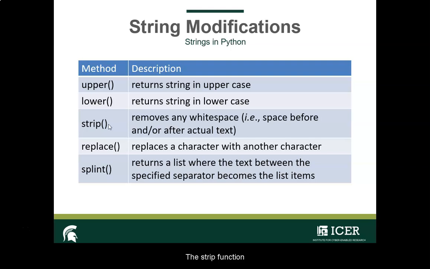The strip function removes any white space, so for example, space between or before or after the actual text. The replace function replaces a character with another character, and the split function returns a list where the text between is specified by a particular separator. We will see examples of this now.